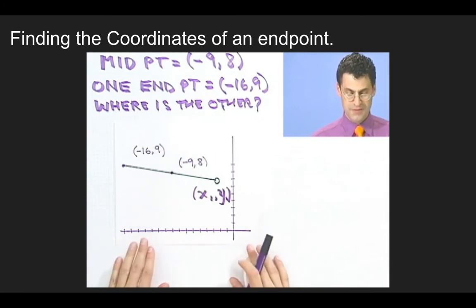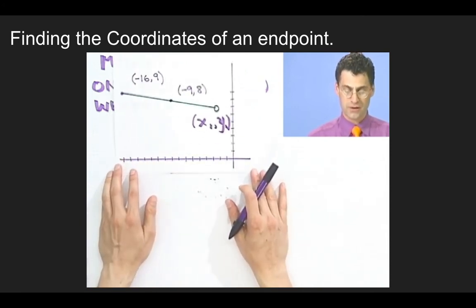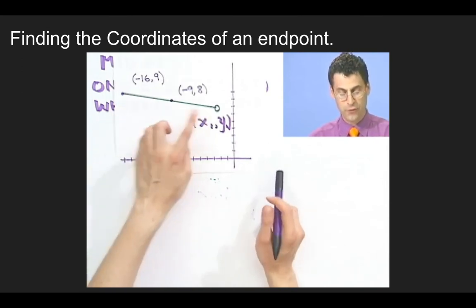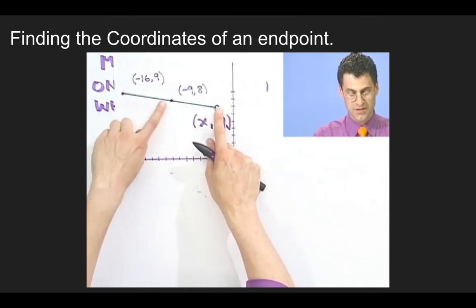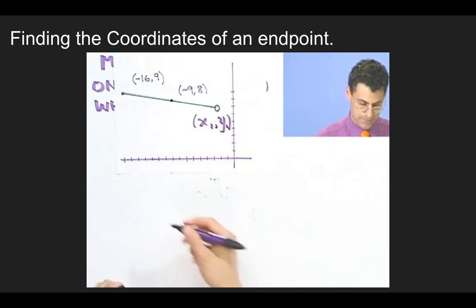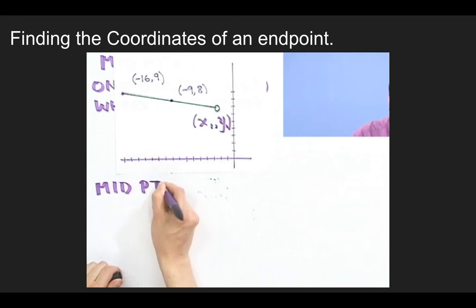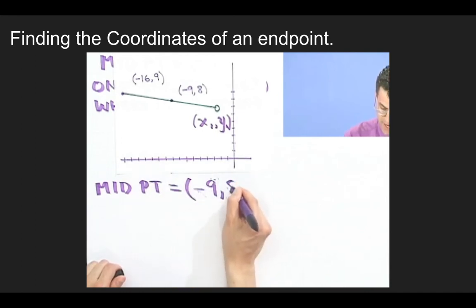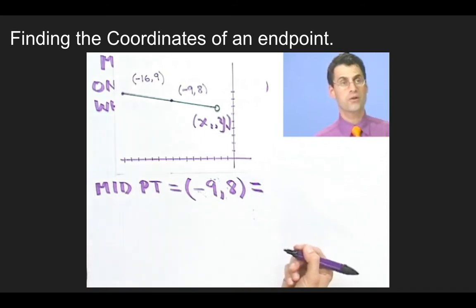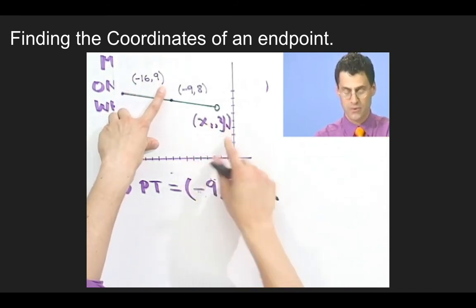Okay, so how do I proceed? If I have this picture, what do I know for sure? What I know for sure is the formula for a midpoint. It's just the average of these 2 values. So this midpoint, which we know equals (-9, 8), we also know can be found by finding the averages of the x values and the averages of the y values.